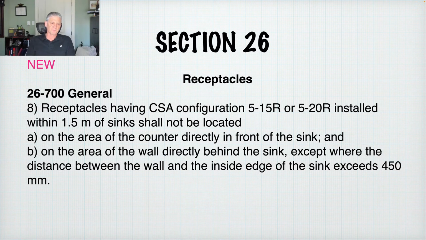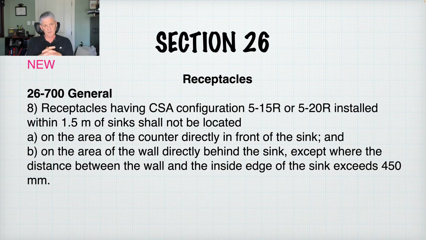26.700 is a new rule, and it's an interesting rule. It's basically just covering off more of what ifs, and I guess certain scenarios have come up where there is area behind a sink that does require a receptacle or could have a receptacle.